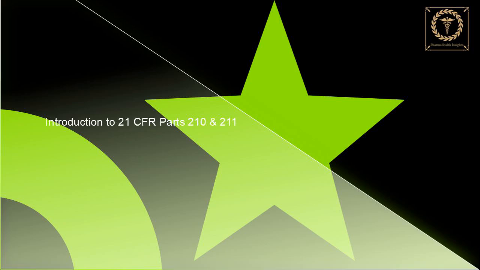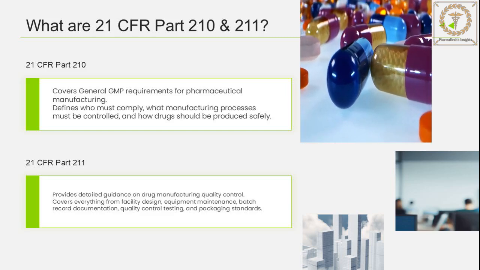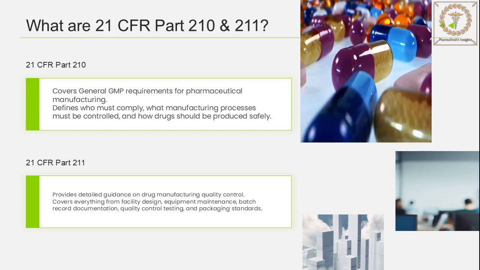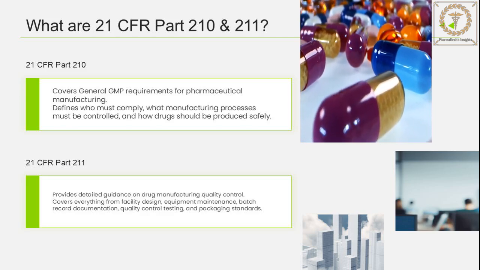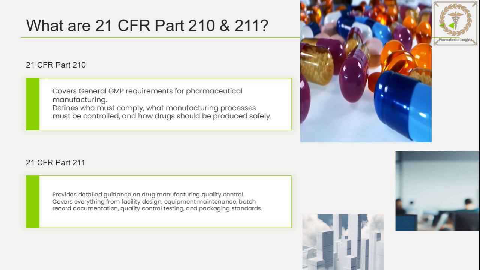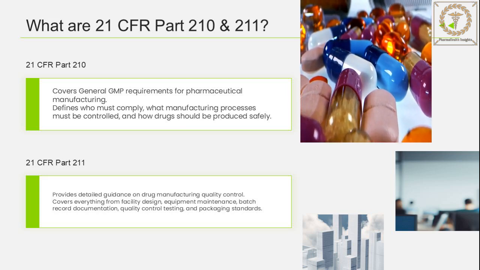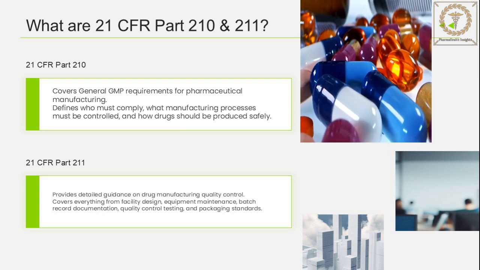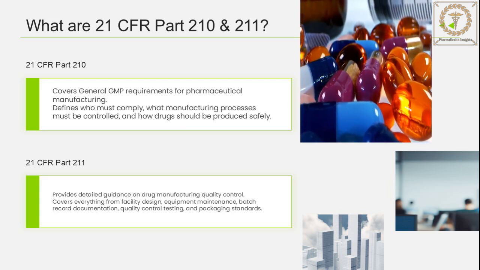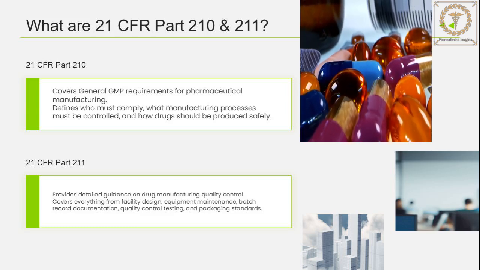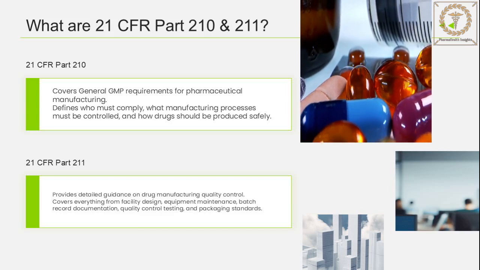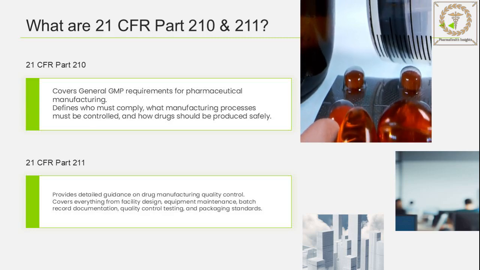Let's dive into the specifics of 21 CFR Parts 210 and 211, the cornerstone of pharmaceutical manufacturing regulations. 21 CFR Part 210 covers general GMP requirements for pharmaceutical manufacturing, and defines who must comply, what manufacturing processes must be controlled, and how drugs should be produced safely, while Part 211 provides detailed guidance on drug manufacturing quality control and covers everything from facility design, equipment maintenance, batch record documentation, quality control testing, and packaging standards.